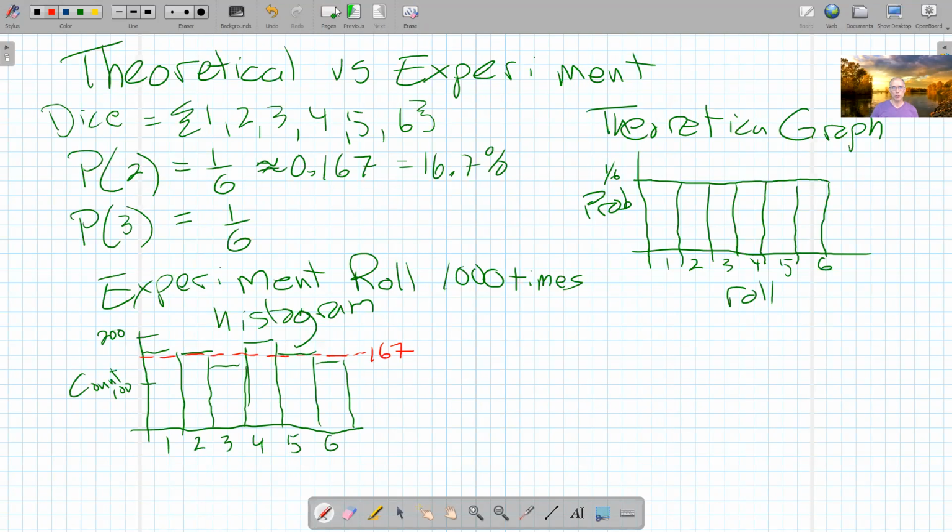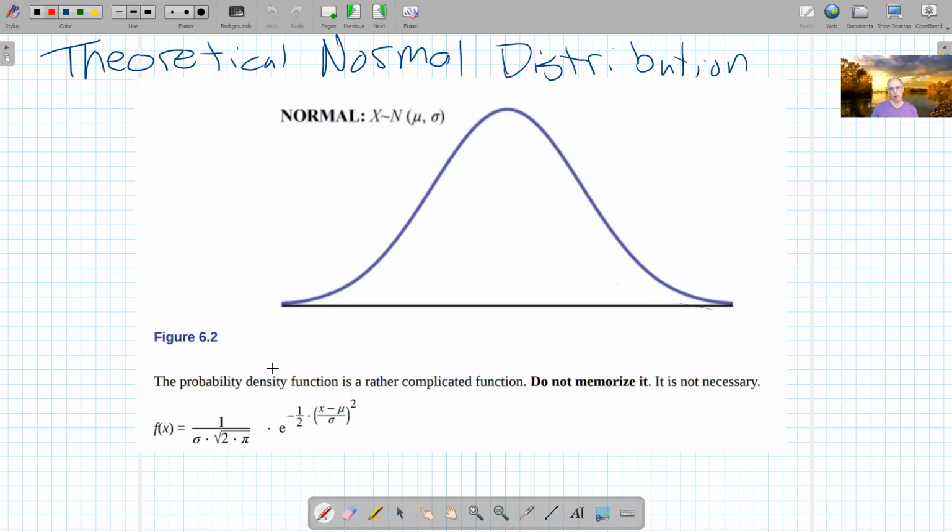So a normal distribution is this theoretical crazy graph here. Here's the equation of that graph. If I made it super simple, and I say, all right, let's let the mean mu be equal to 0, and let's let the standard deviation be 1. This simplifies dramatically, so that would be y equals 1 over the square root of 2 pi out front.